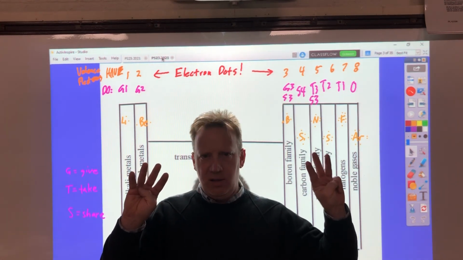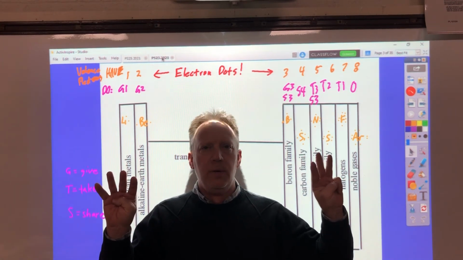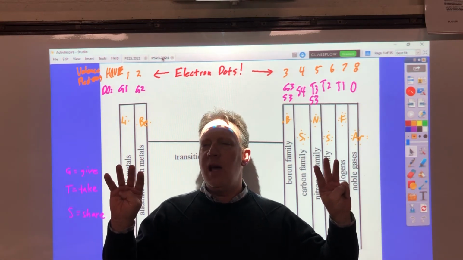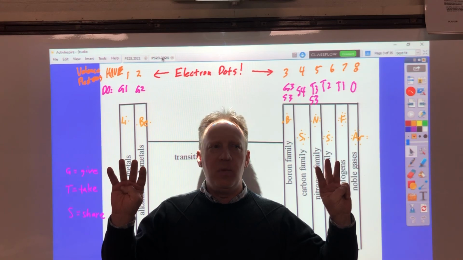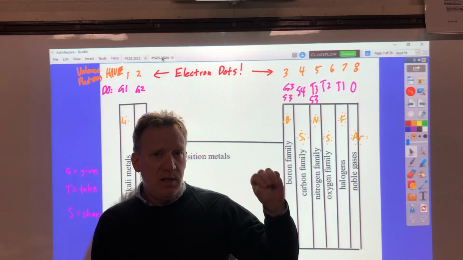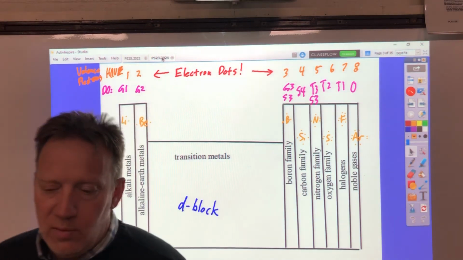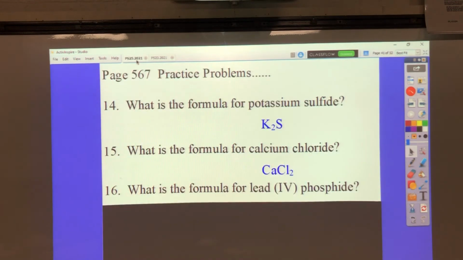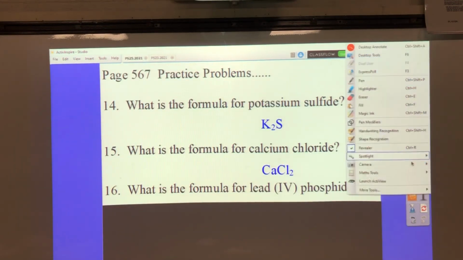How are we going to match this up? 4 and 3. Well, if we move 12 electrons, we can do it. If we have 3 atoms giving 4 apiece, and 4 atoms taking 3 apiece, we have 12. So it's Pb3P4. That's how you do that.